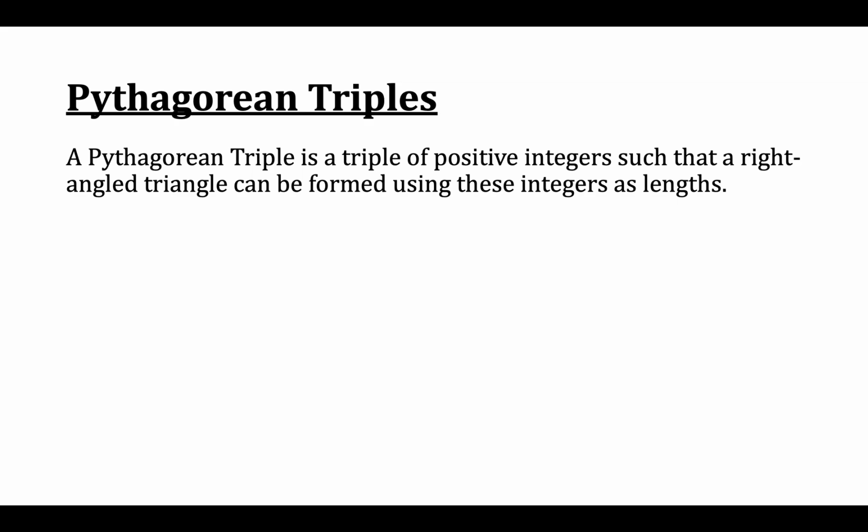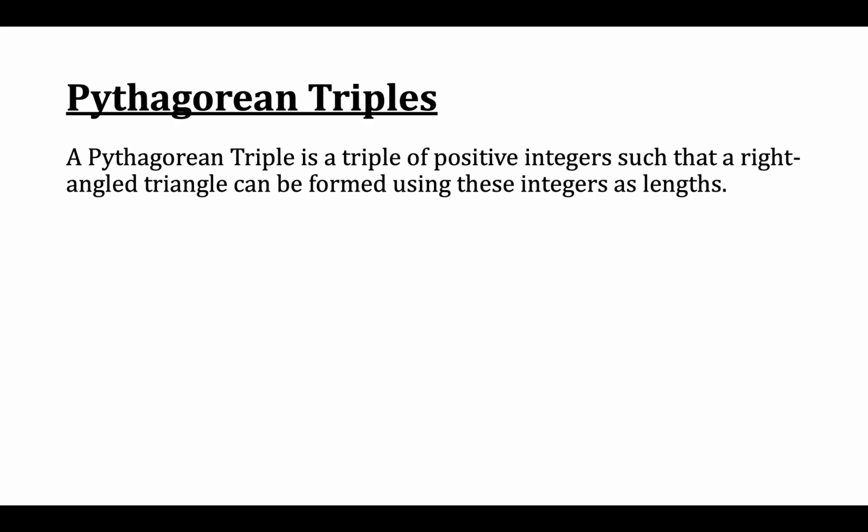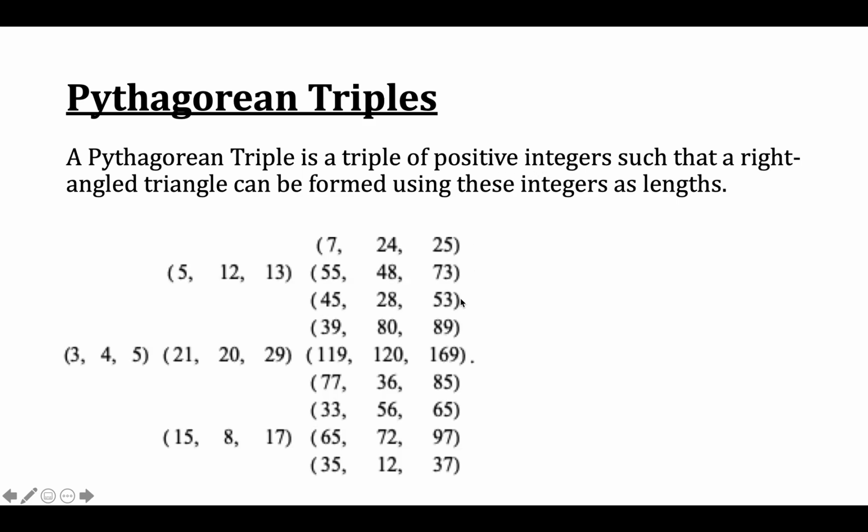Okay, so basically we've got 3 whole numbers which can form a right angled triangle. Now you might have noticed in our 2 previous examples we had decimals for both of our answers, and this is quite common. So the thing about a Pythagorean triple is that they're positive whole numbers, positive integers.